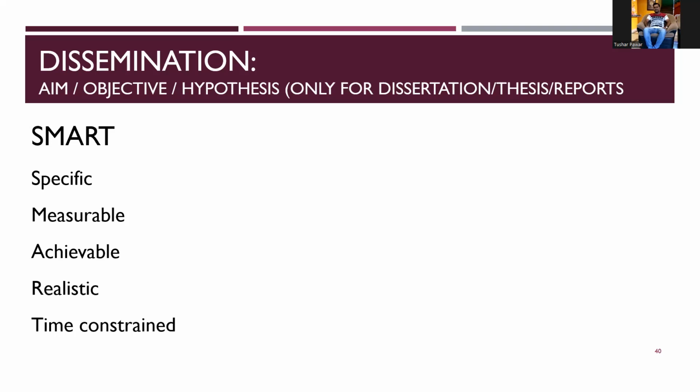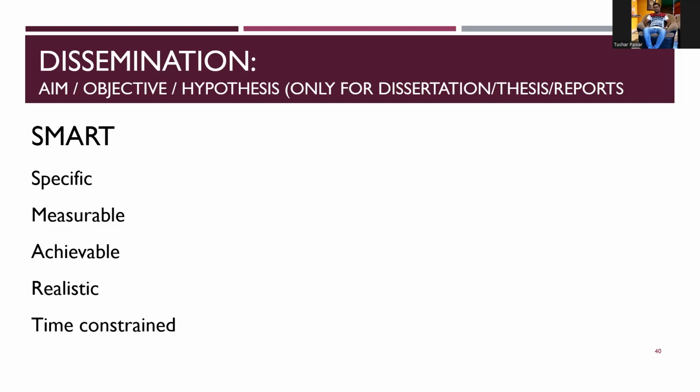Let's go further. The aim has to be SMART: specific, measurable, achievable, realistic, and time constrained. Specific, be precise about what we are going to do. Measurable, you will know when you have reached the goal. Achievable, don't attempt too much, don't be too ambitious.